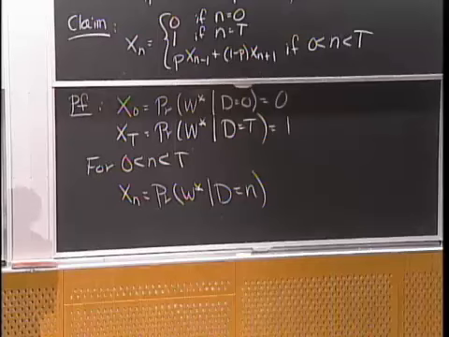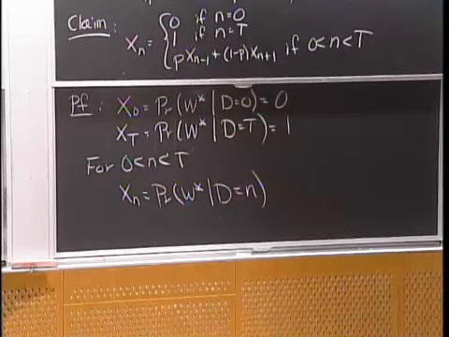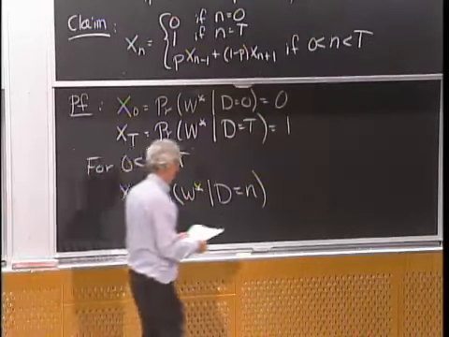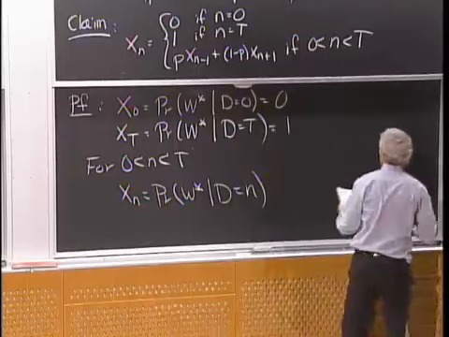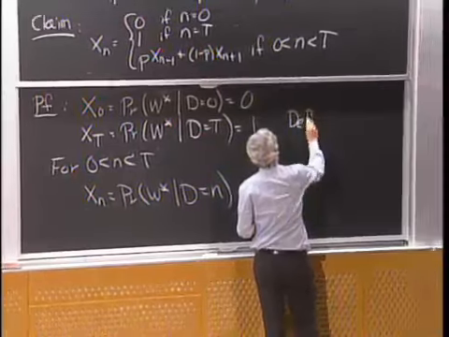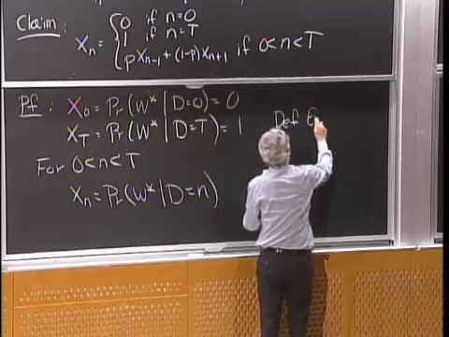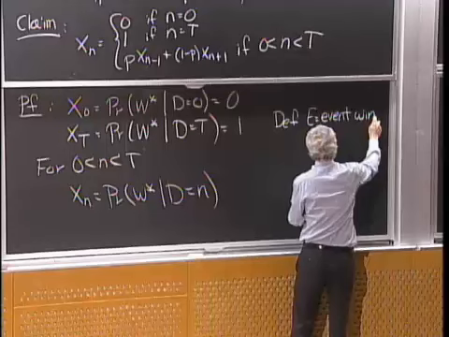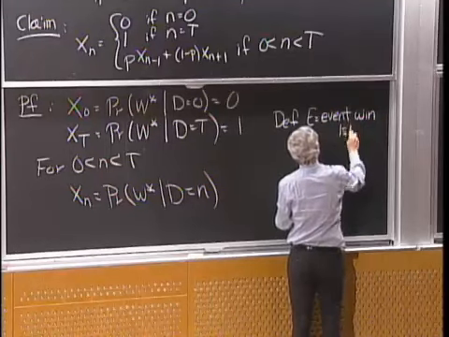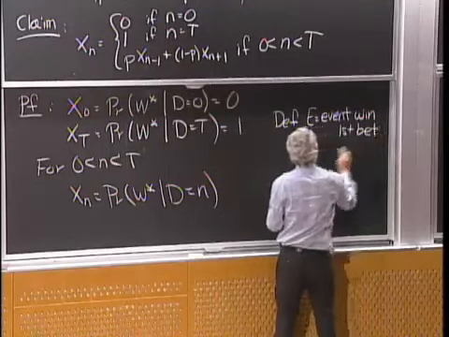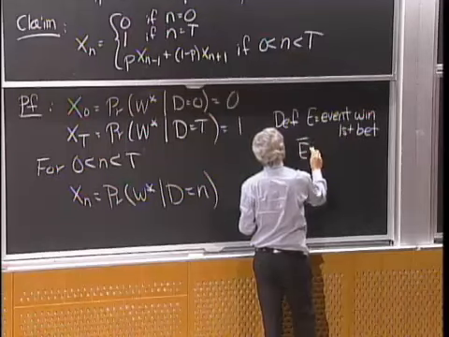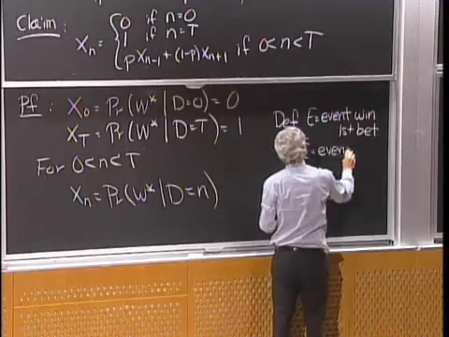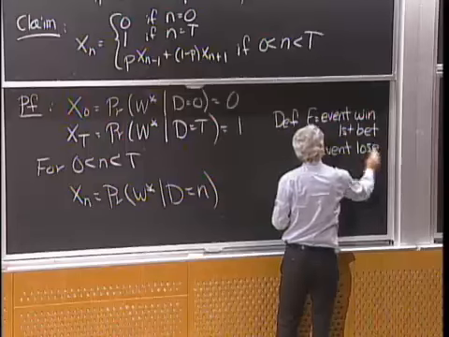You could win it or you could lose it. And then we're going to recurse. So we're going to define E to be the event that you win the first bet. And E bar is the event that you lose the first bet.